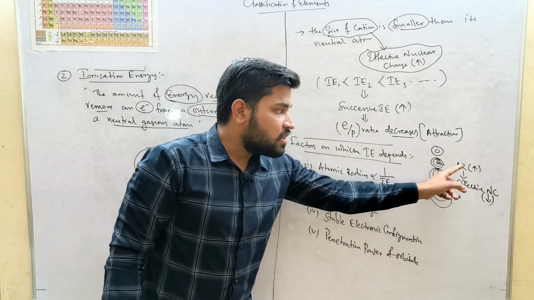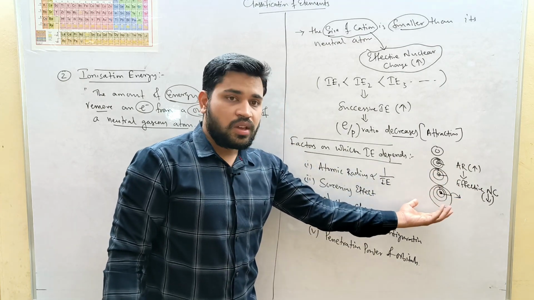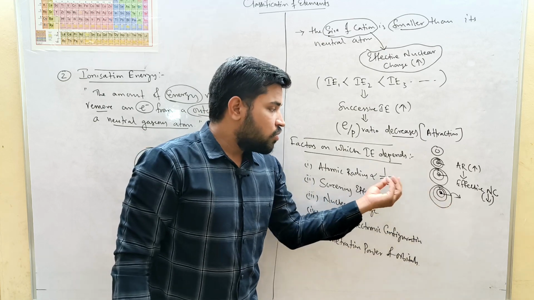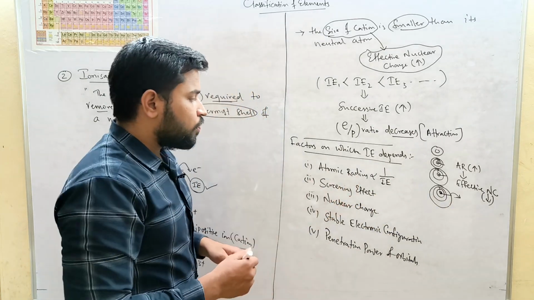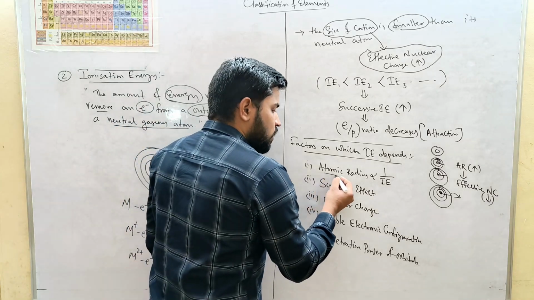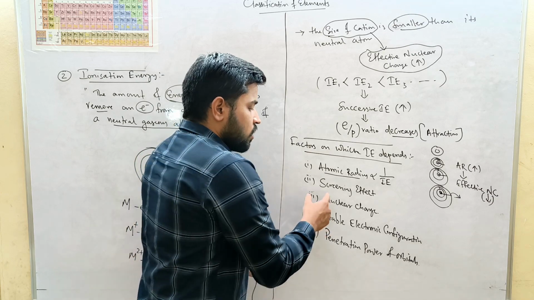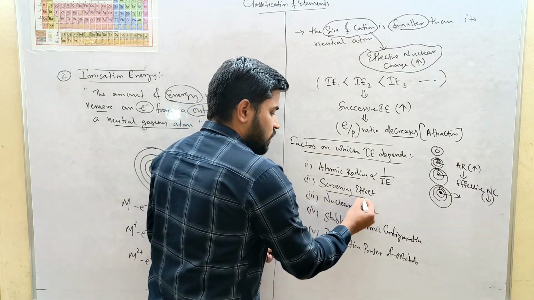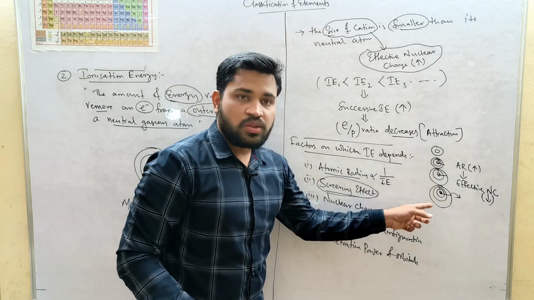Due to this decrease in effective nuclear charge because of the screening effect, we need very little energy to remove the electron. So atomic radius is inversely proportional to ionization energy. When it comes to the screening effect, as I told you just now, as the number of shells increases, what is going to happen?